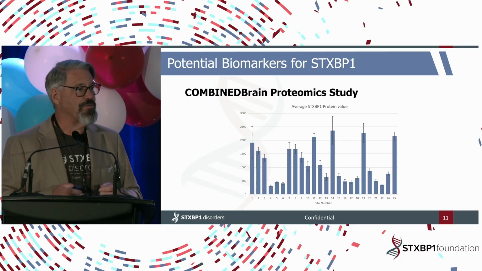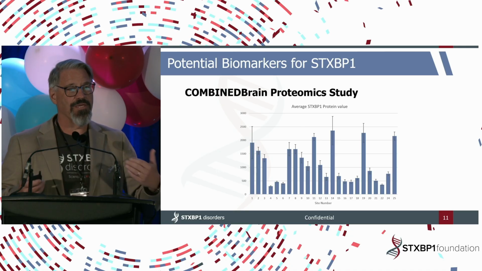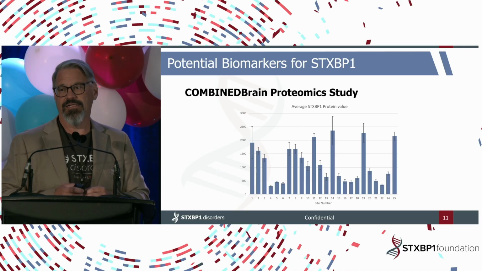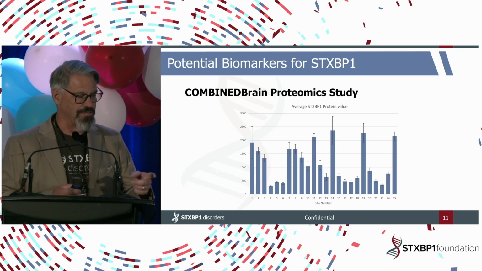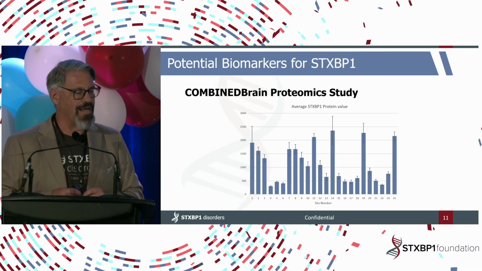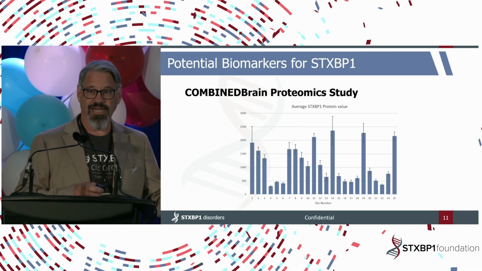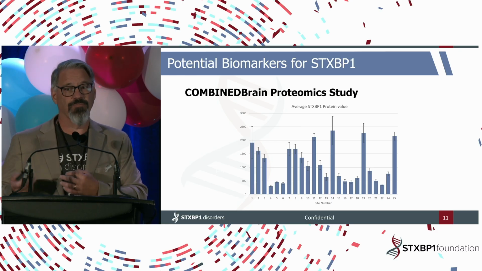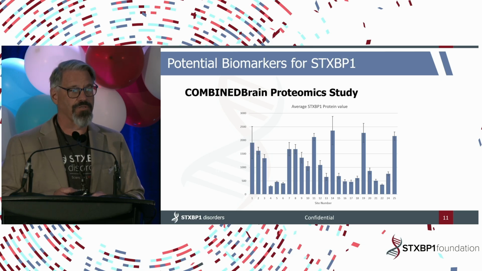And so if you look at the STXBP1 levels from the blood collected at all those different sites, what you'll see here, and I hope you can appreciate this, is they're very different based upon the site. It turns out what this tells us is how you collect blood appears to be very important for being able to measure STXBP1.